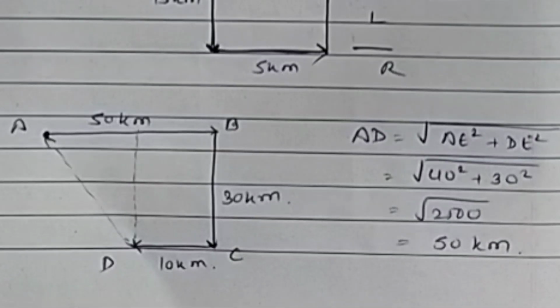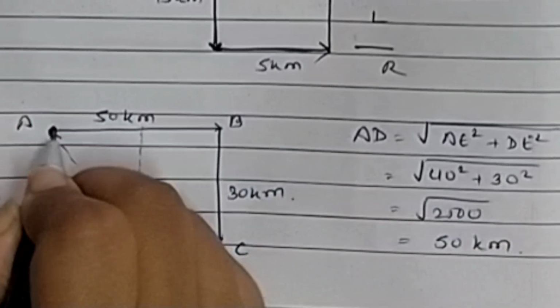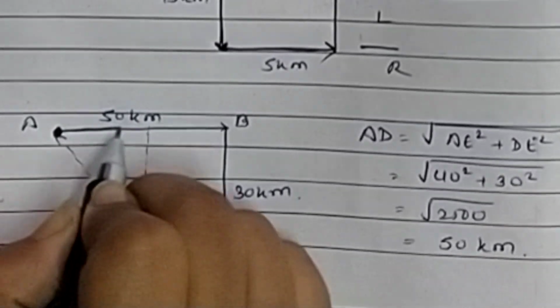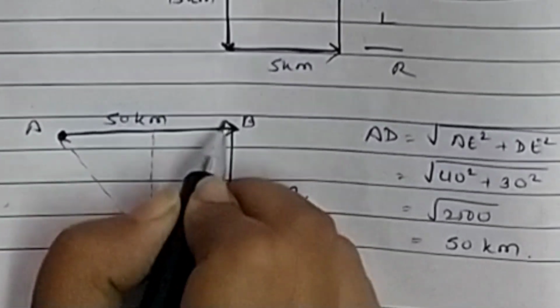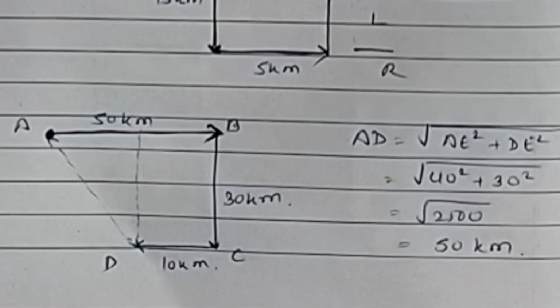So this question is basically saying that a man drives his car 50 km in the eastward direction. So the starting point of the man will be like this, and he drove 50 kilometers in the eastward direction. Then he turned right and went for 30 kilometers.